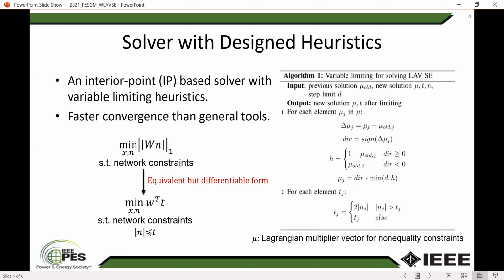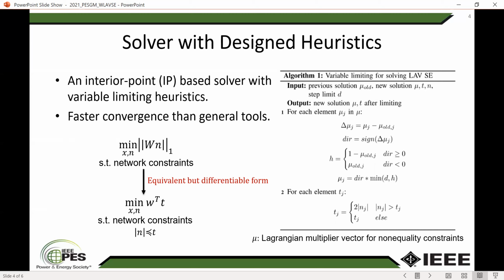In this work, however, taking into account that the problem is already convex, we can move away from the general tool to design our own interior point method to speed up convergence. Specifically, after converting the original problem to an equivalent form, which is differentiable, we solve its KKT conditions using the primal-dual interior point method.